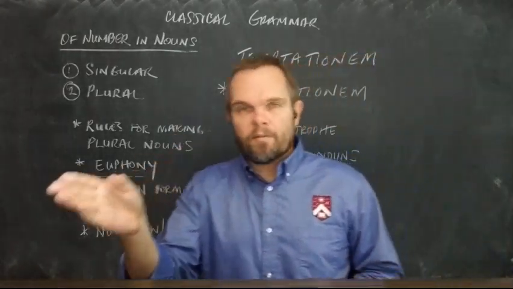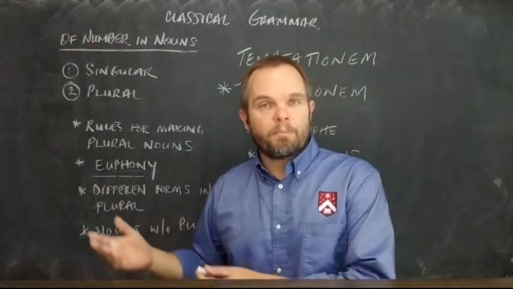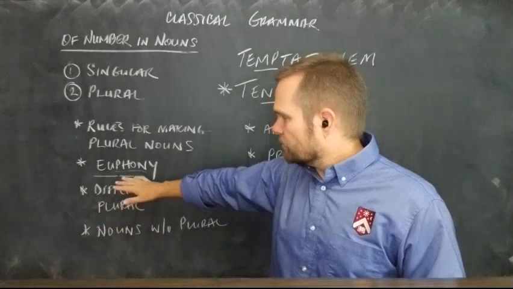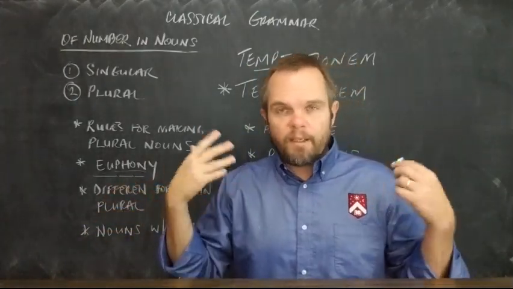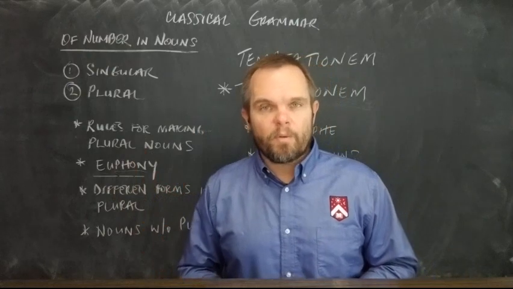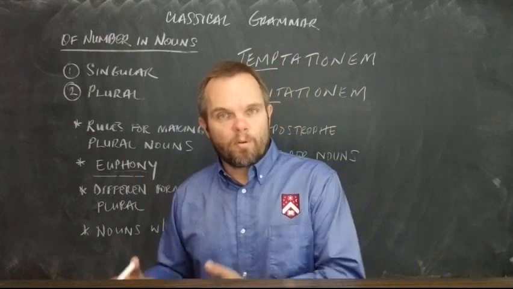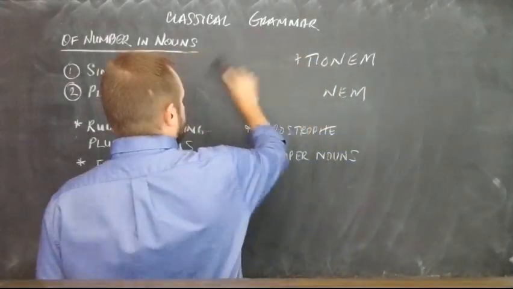The reason for many of these rules about making plural forms of nouns is based entirely on euphony. And you can also often just think about how the word sounds and how it's pronounced and figure out how the plural form should be made. So let's look at a couple examples.